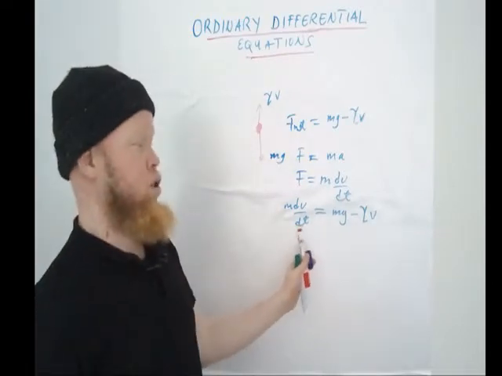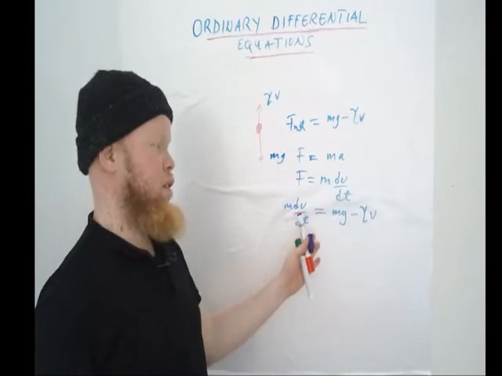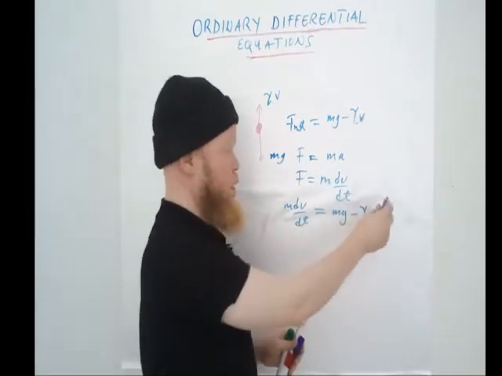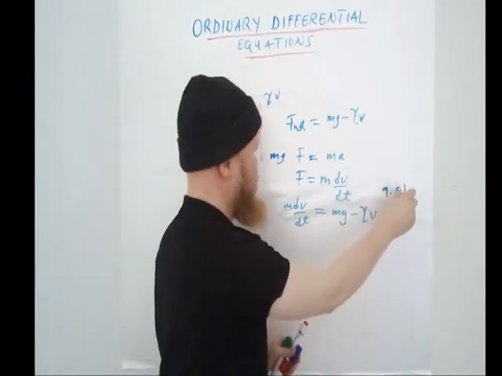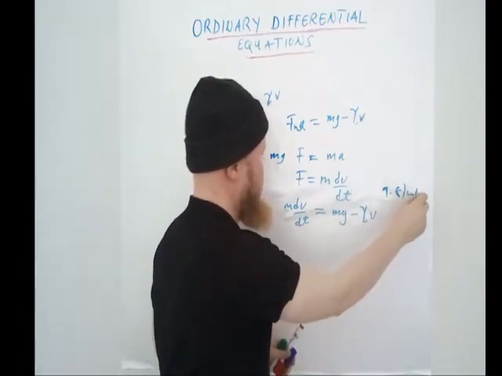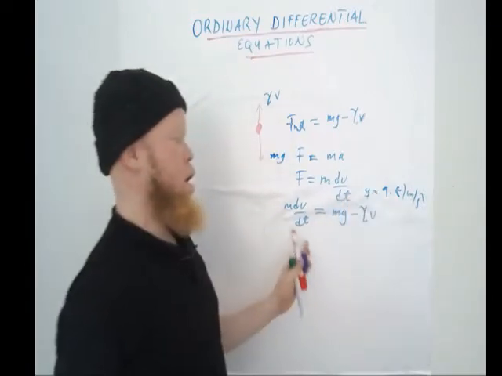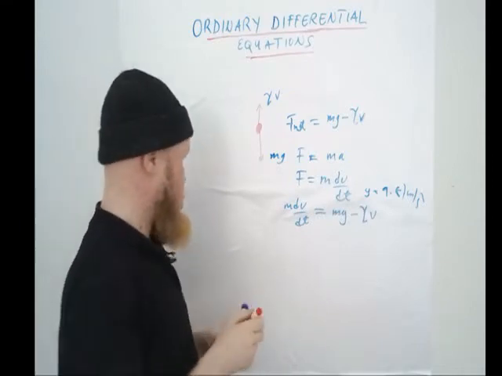You can see that we have expressed our mathematical model with only v. g is a constant, and it's the acceleration due to gravity, which is 9.81 meters per second squared. So this is an example of a differential equation.